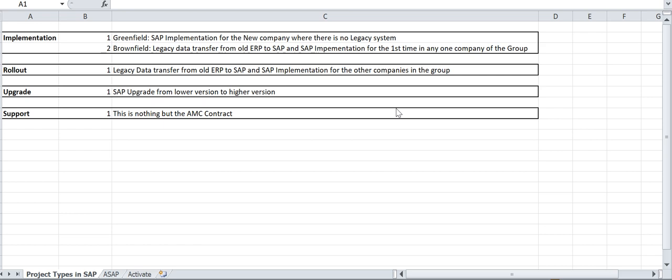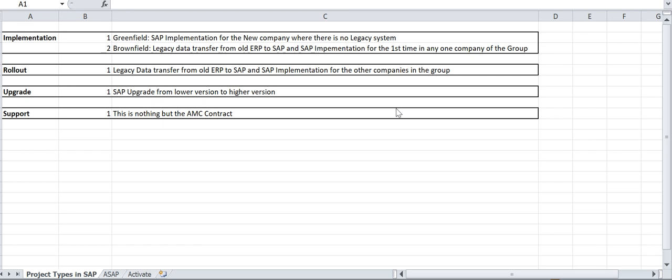Okay. Let us talk about the brownfield implementation. Brownfield implementation means that the company is already operating in the market. It has its own legacy system, meaning an old ERP is already there by which it is managing its accounts. Now it is planning to move into SAP for the first time in any one company of the group.